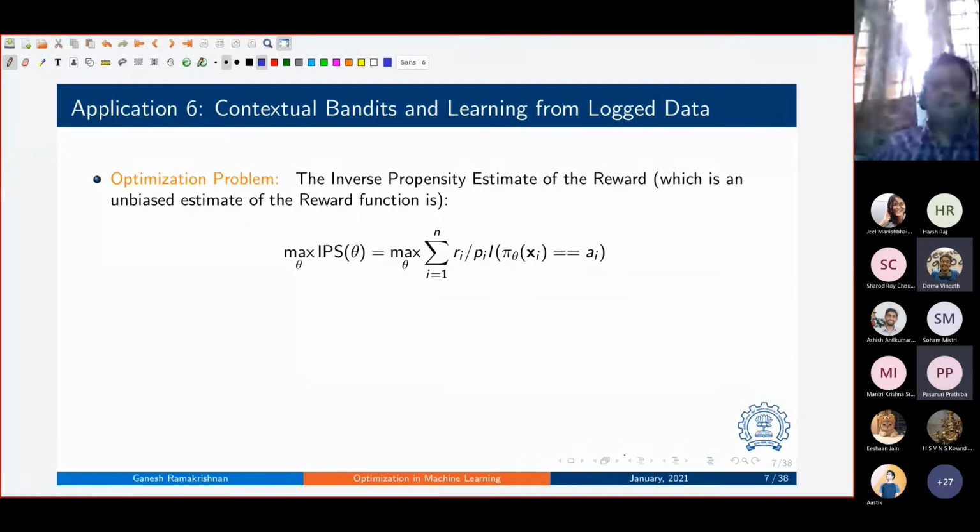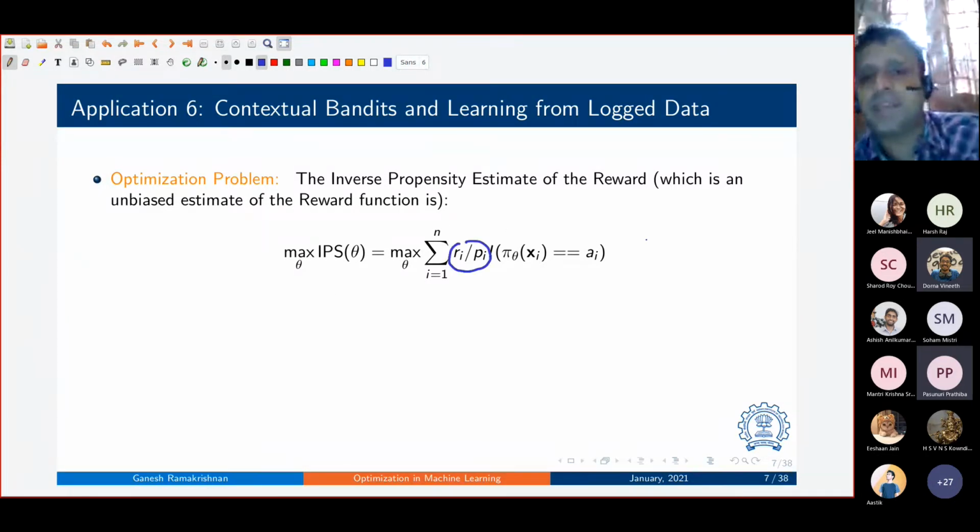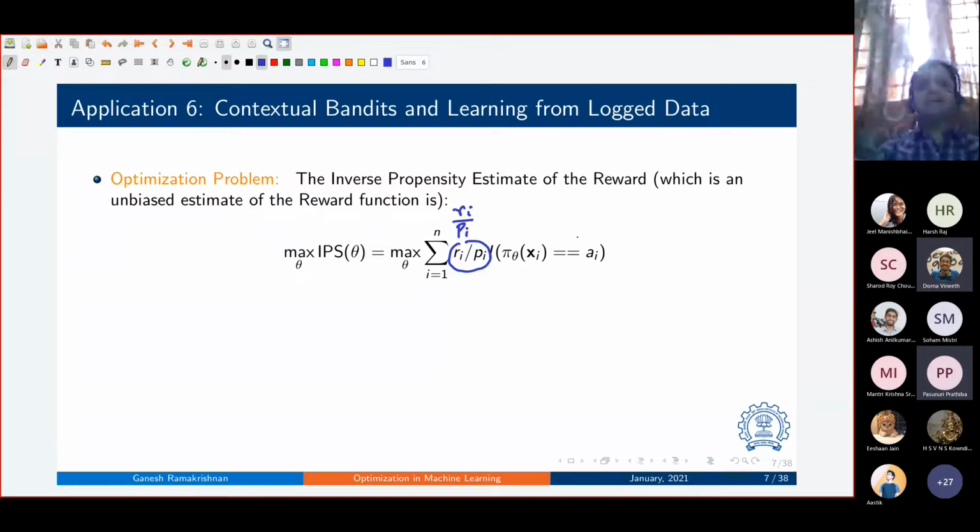Okay, so here's our first effort towards the contextual bandit problem. What you're doing is, so this is a division, Ri divided by Pi. Okay, it's Ri by Pi. So because propensity is to be discounted, what we have done is an inverse propensity estimation. So 1 upon Pi. Ri is to be directly taken.